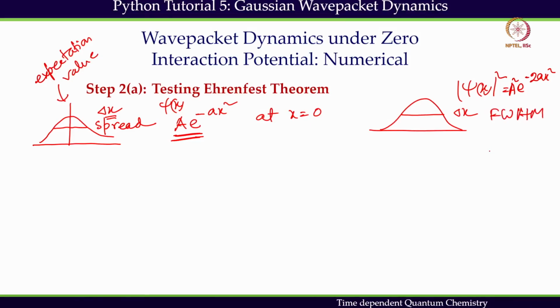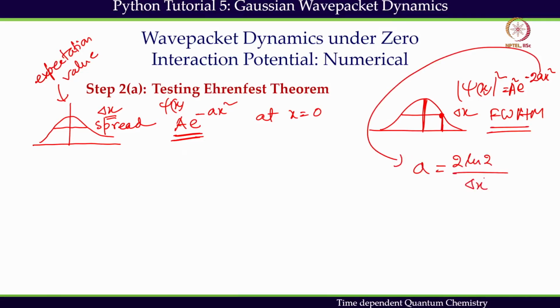It can be full width half max. What does it mean? It means the width where the intensity has dropped to half of its maximum intensity. That's the way the spread of a Gaussian function can be described. And if we describe it as full width half max, then we immediately get, as we have also seen, a equals 2 ln 2 by delta x squared. So full width half max delta x is defined with respect to the distribution function, not with respect to the wave function.